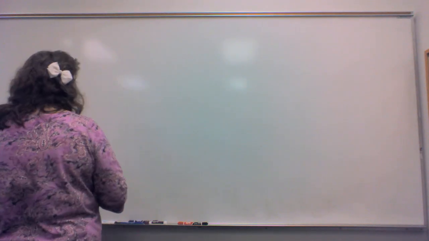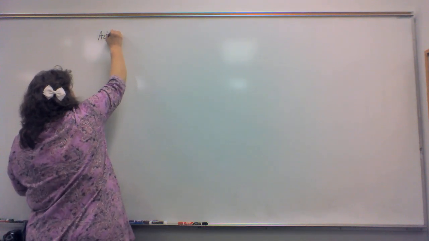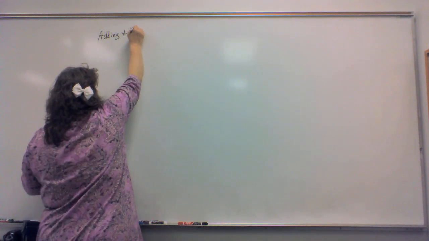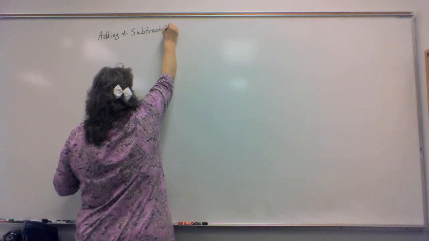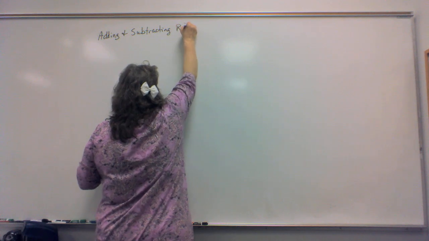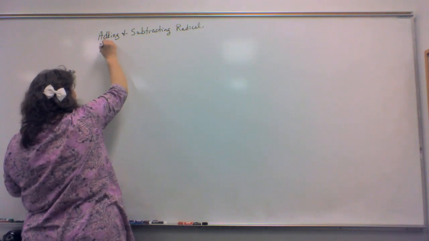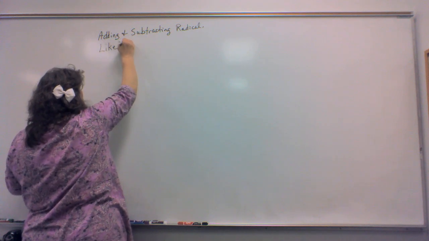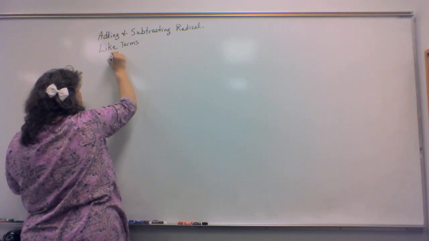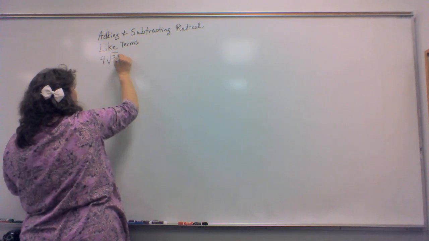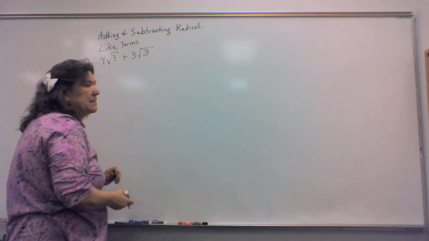So when we start talking about adding and subtracting radical numbers, what happens? To be like terms, the radical has to be the same and the number inside the radical has to be the same.